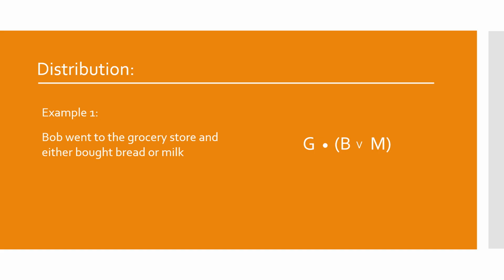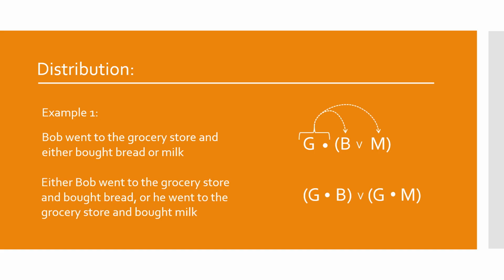If I have the claim, Bob went to the grocery store and either bought bread or bought milk, I would translate this into simply G and then in parentheses B or M. Now what distribution basically tells me is that I can take the G and part of this and then distribute it to each of the terms in the disjunction and break them apart, put them back together with the disjunction.